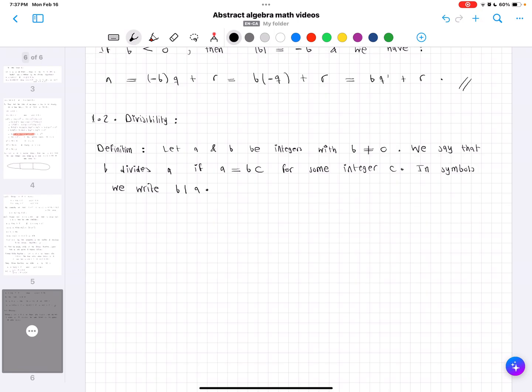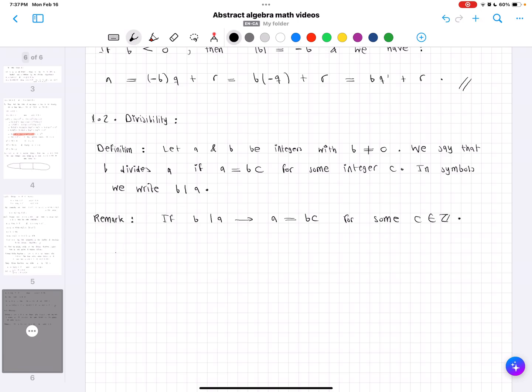So we have the following remark. If B divides A, then that means you can repeat B certain amounts of time to reach A, for some C belonging to the integers.